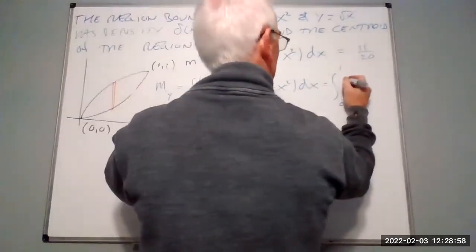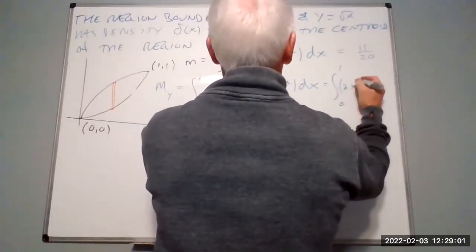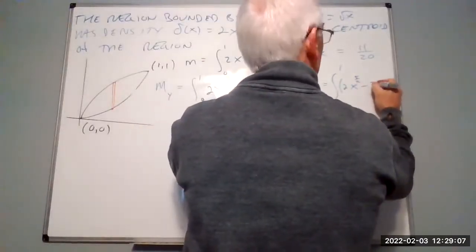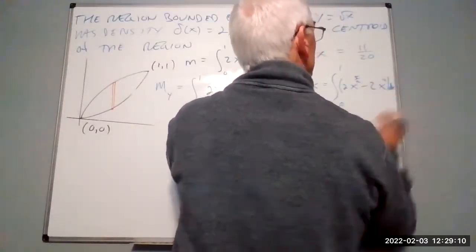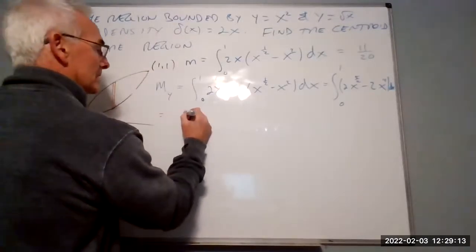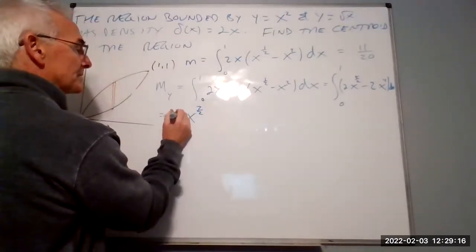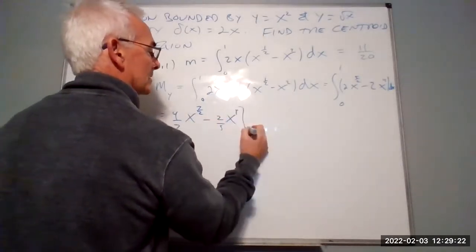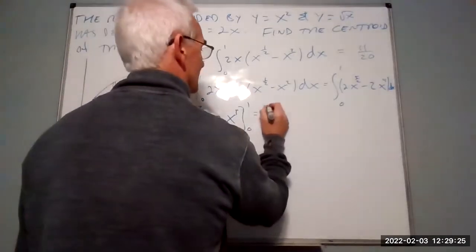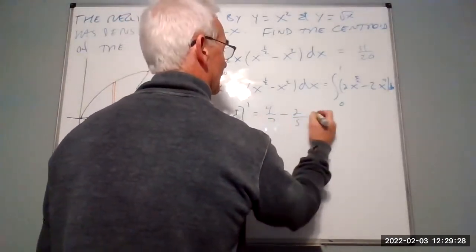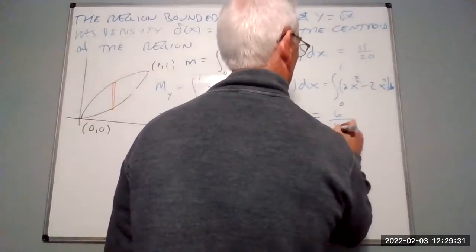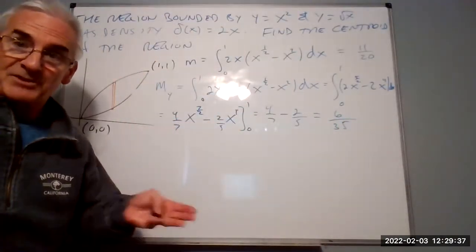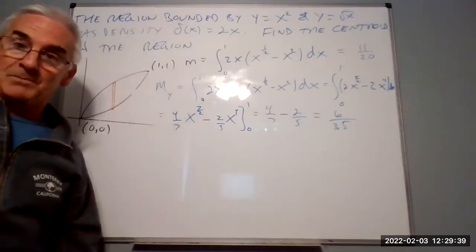So 2x squared times this would be 2x to the 5/2, and then 2x squared times this would be minus 2x to the 4th dx. Then that would be x to the 7/2 times 2/7 times 2, and then x to the 5th times 2/5 from 0 to 1. So I've got 4 over 7 minus 2 over 5. That'd be 6 over 35. In and of itself, that number doesn't mean anything to us yet. That's just the moment. We're going to put it together with the mass at some point.